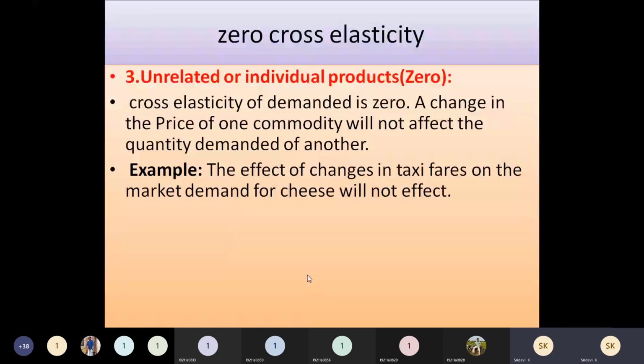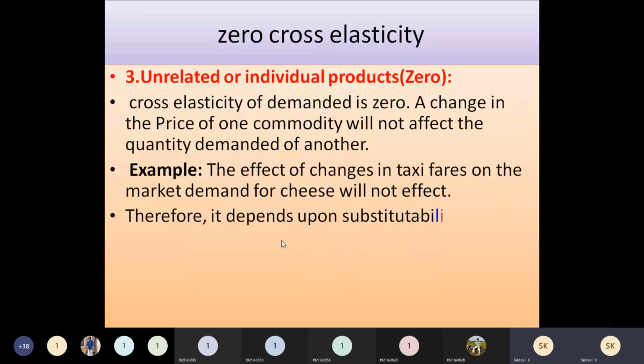Any example which is unrelated product we compare, that will give you zero elasticity, because cheese will not be affected by the taxi fares. So even if taxi fares are increased or decreased, it won't affect the demand of cheese, right? So if you take two completely different products which are unrelated, that will give you zero cross elasticity.